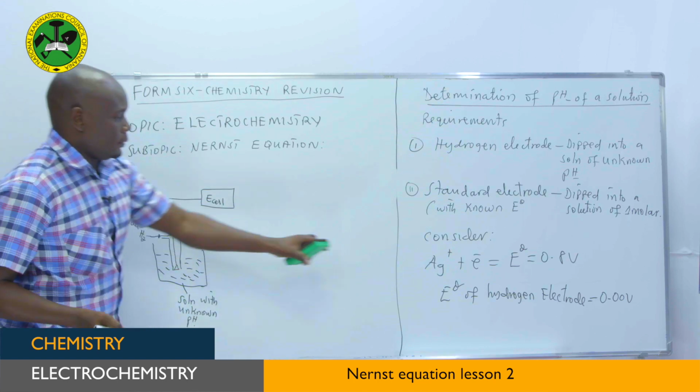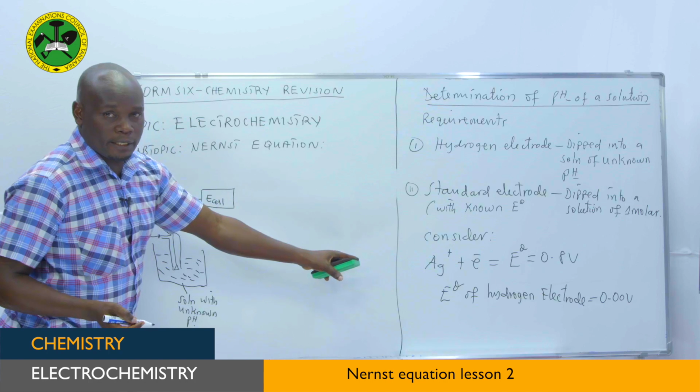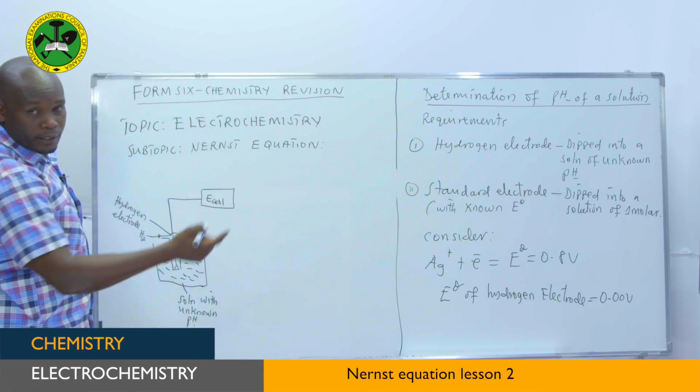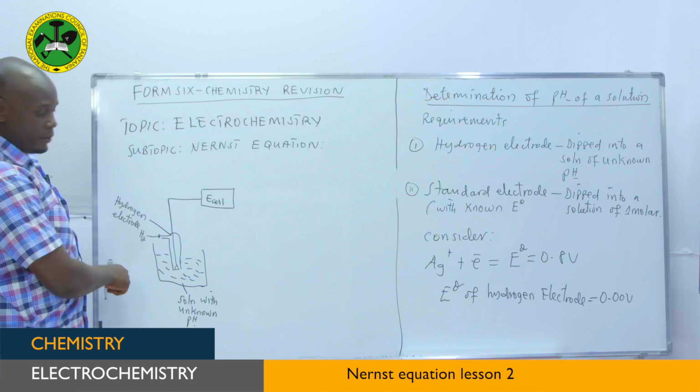And also the silver, which is our standard electrode, must be placed on the right side since it is less reactive than hydrogen.